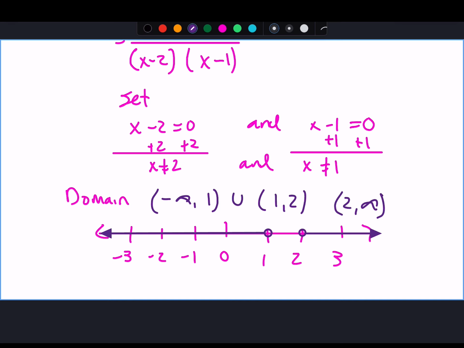Notice I use parentheses with all of these. Why is that? 1 and 2 are the only values that are not included. Since they're not included, we have to use parentheses.